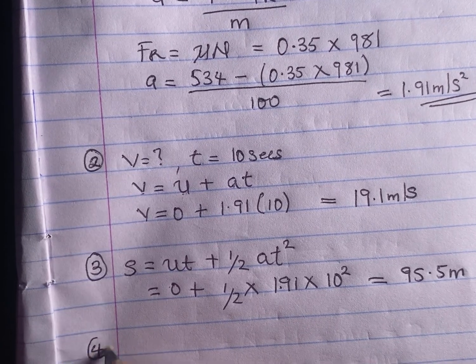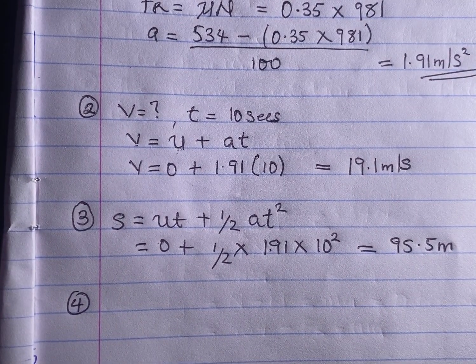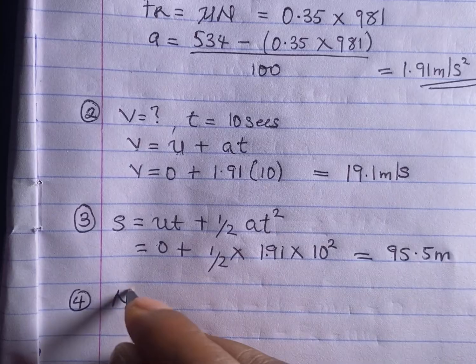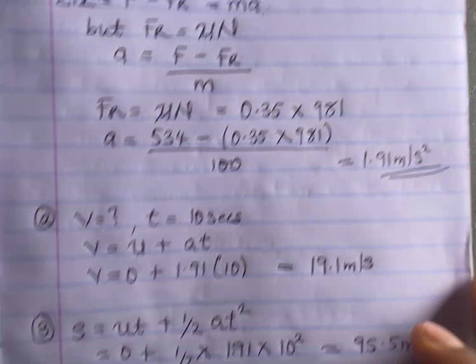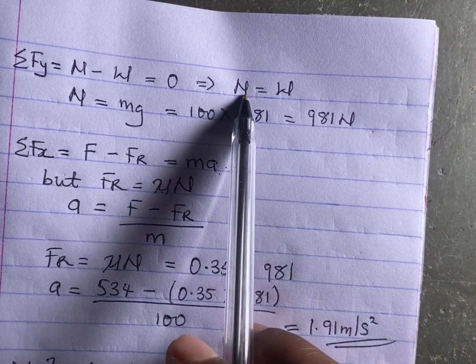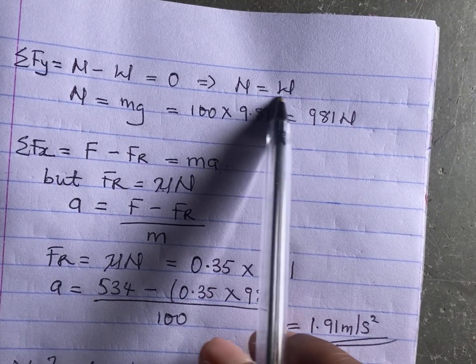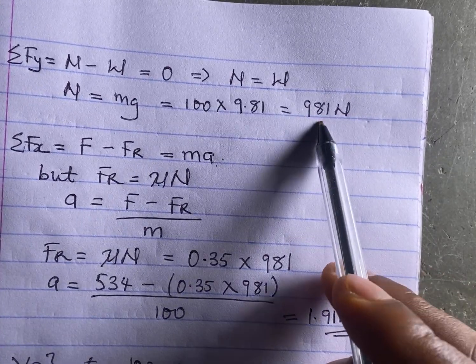Question 4, which is the last question. What is question 4? The normal reaction on the block is dash. The normal reaction. Do you need to solve anything else again? Remember, when we started, we defined that our N, which is the normal reaction, is equal to W. And we found it to be what? 981.